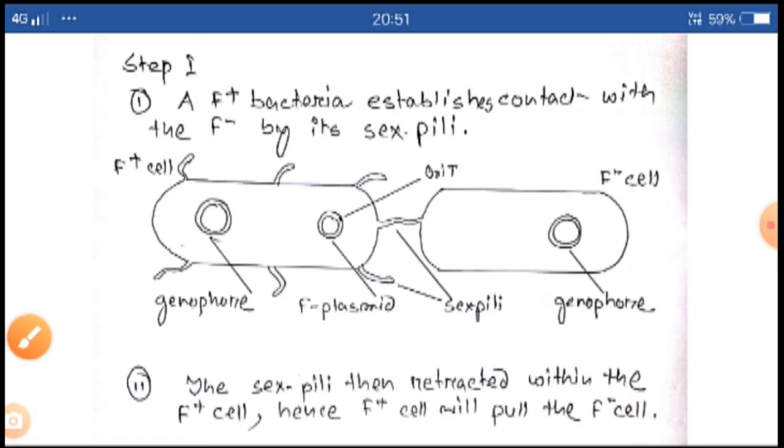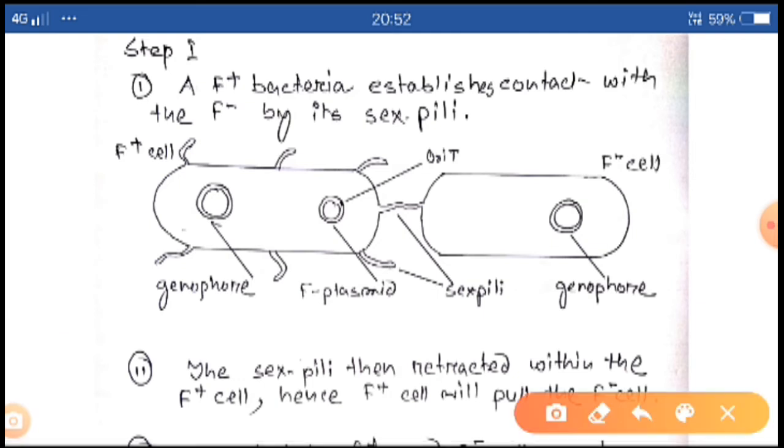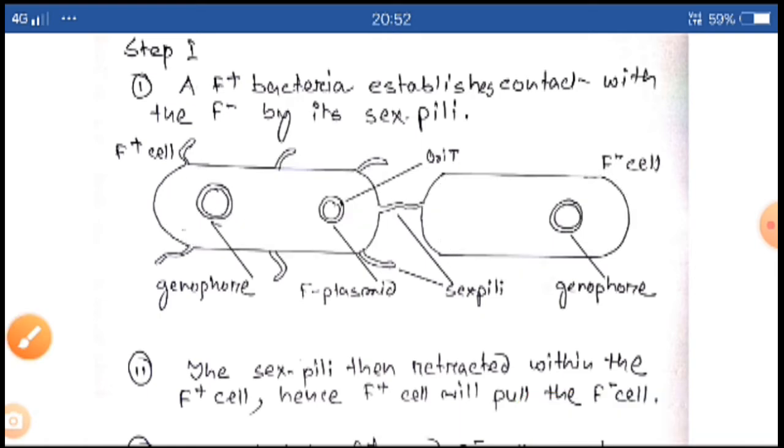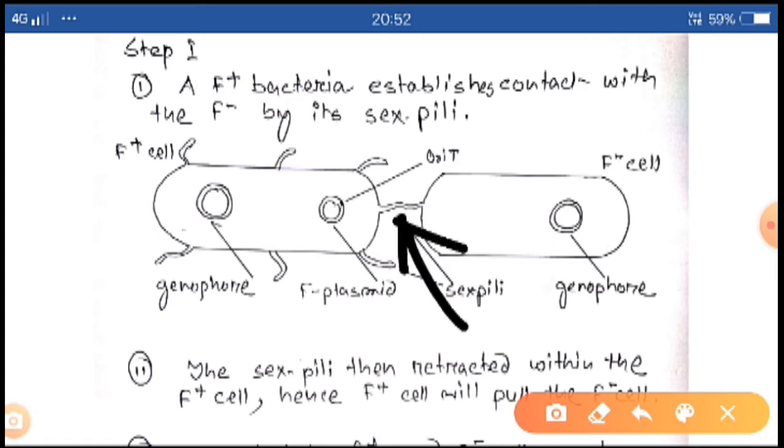After the formation of the contact or bridge, this sex pilus will be retracted, or pushed back, inside the F plus bacterium.